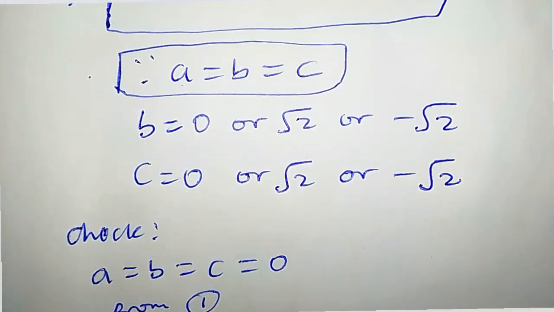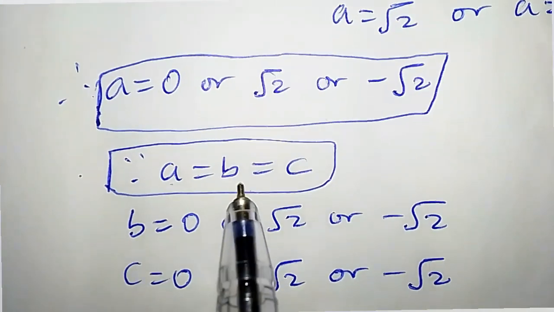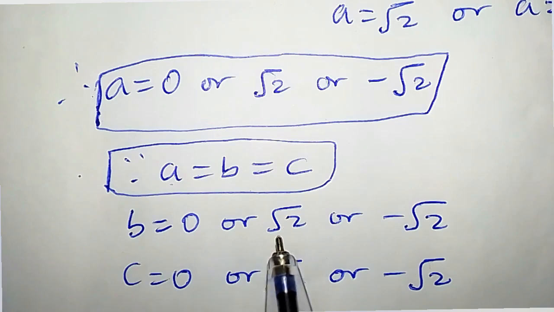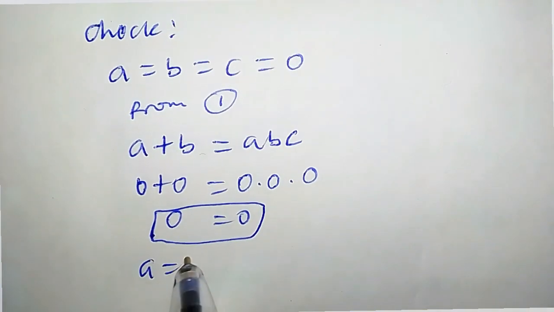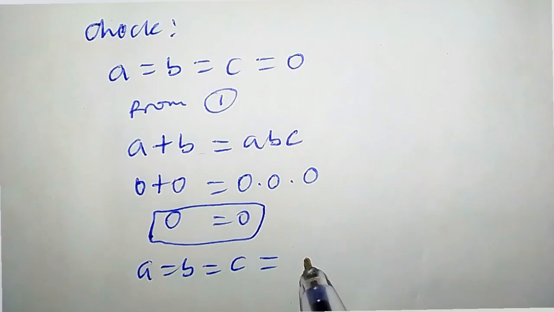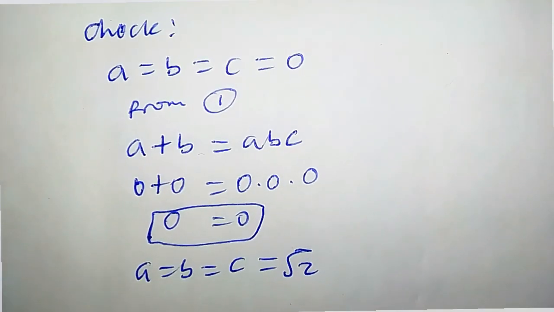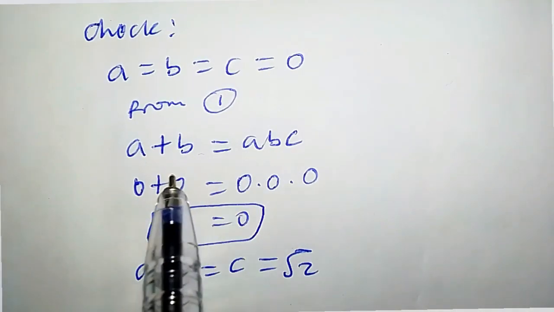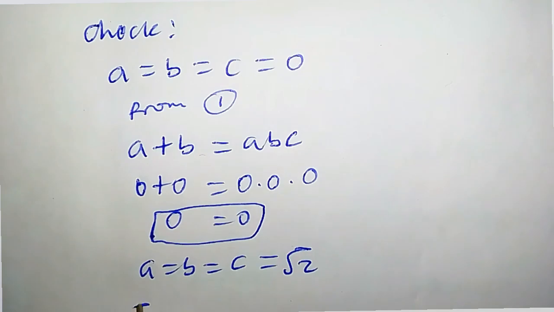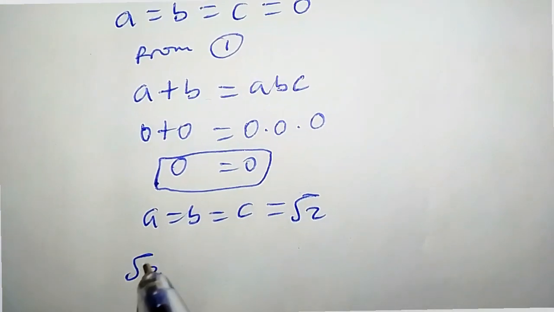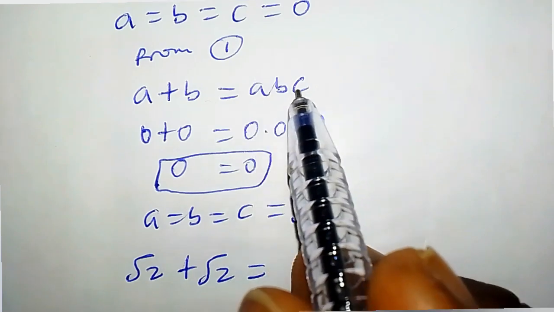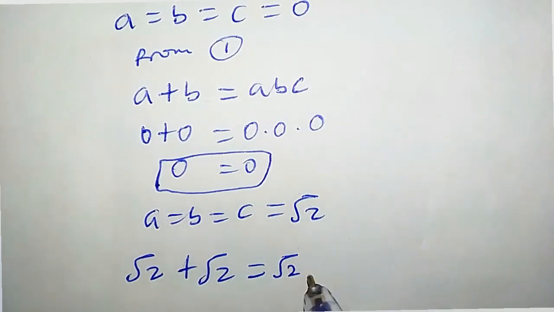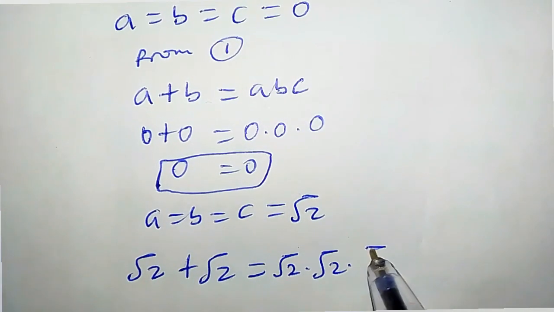Let's check for the second values. That is, when a is equal to square root of 2, b is equal to square root of 2, and c is equal to square root of 2. Using this same equation 1, we're going to have square root of 2 plus square root of 2 is equal to, the right hand side will now become square root of 2 times square root of 2 times square root of 2.